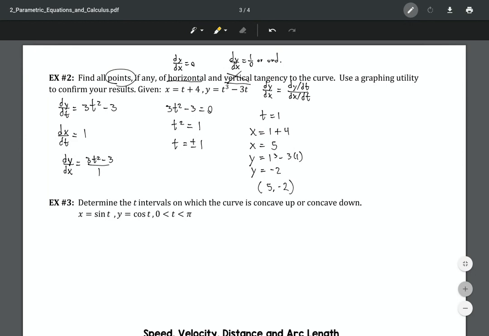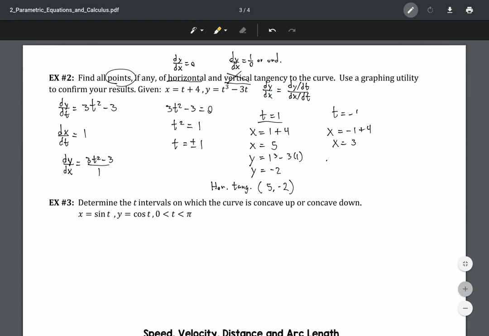And I guess I'll write horizontal tangent. And for the other one, if I plug in t is equal to negative 1, then x is equal to negative 1 plus 4, which is going to be 3.